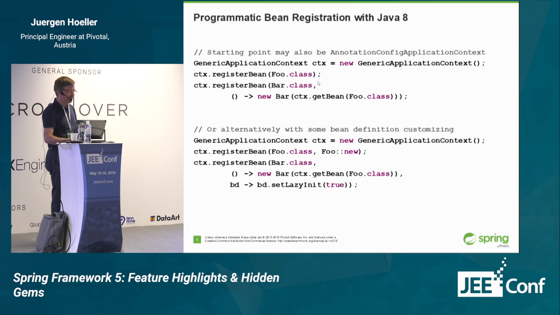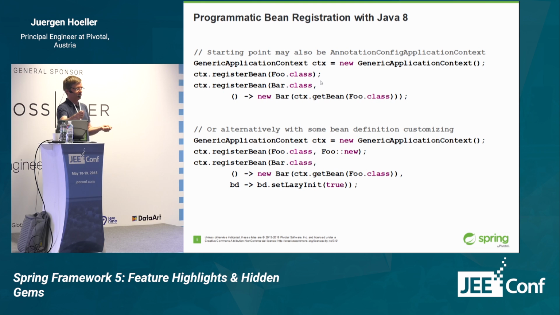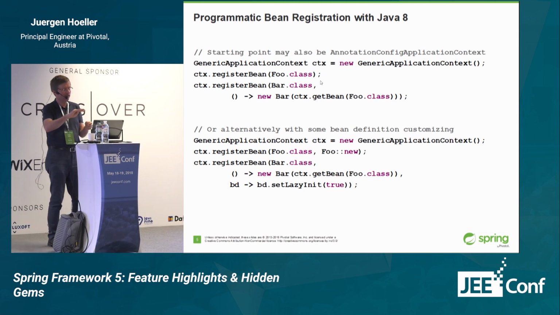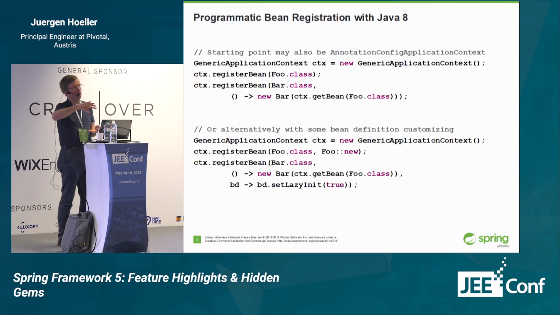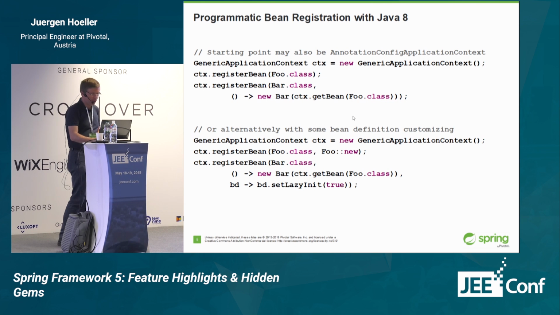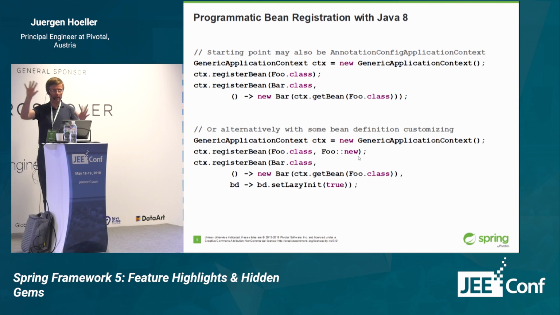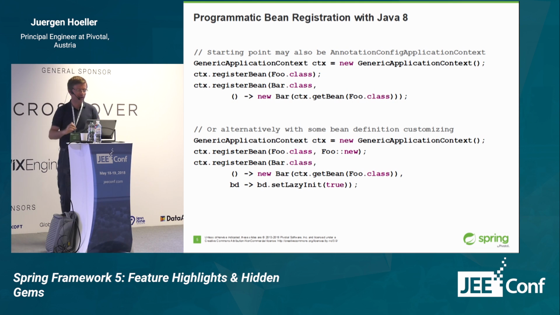If you're just specifying a class, you're technically asking for class.newInstance, right? This is not what we're actually using because on JDK 9 that's deprecated, but it's very similar to what we're doing. It's effectively, we're using reflection to call the default constructor. Now, where's the difference here? This is a Java 8 method reference, referencing the default constructor of Foo. Foo::new is basically just a reference to the default constructor.